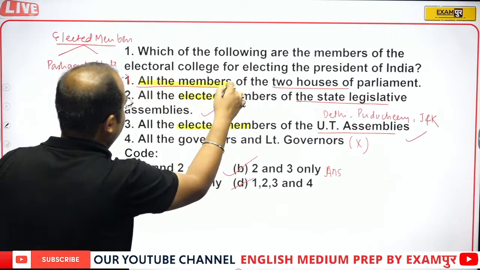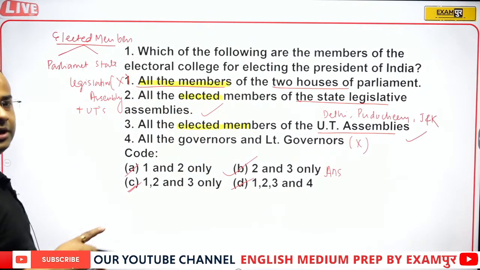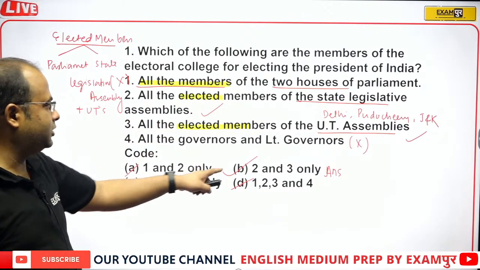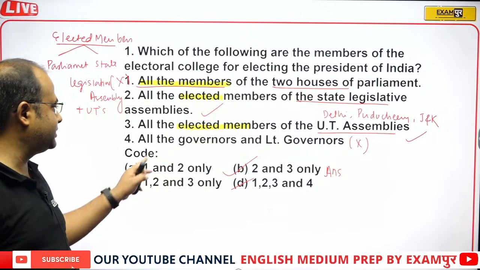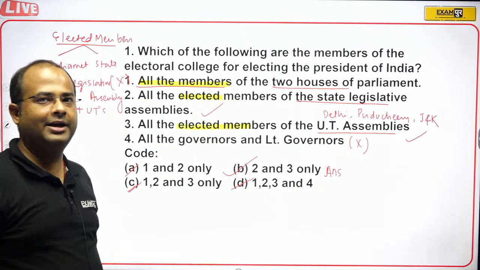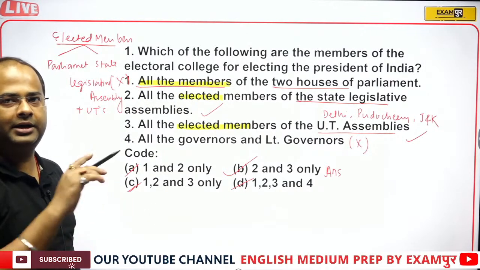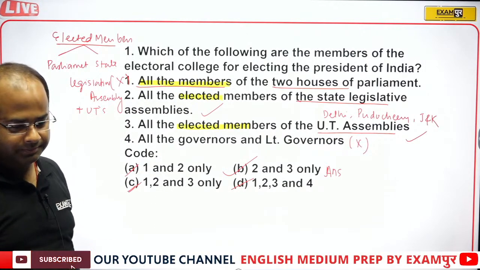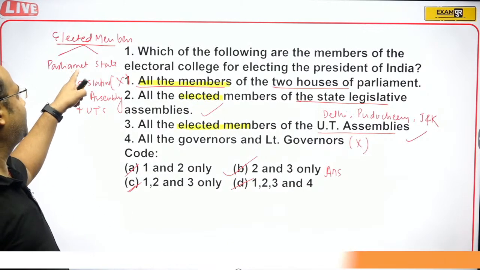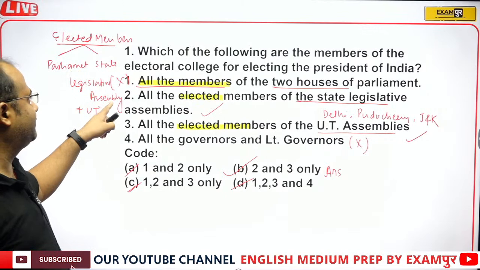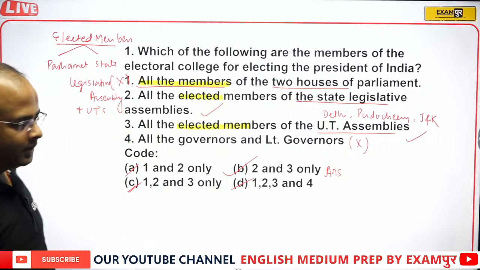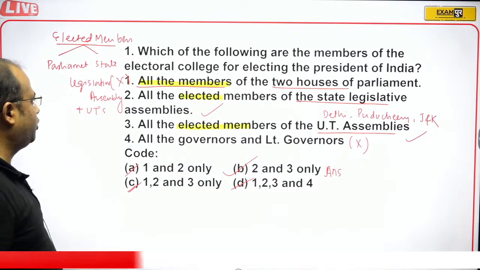Here it is written all the members, which includes the nominated as well. Therefore the correct answer will be 2 and 3, so only option B. The other three options are directly eliminated. Elected MPs also participate, so elected members of parliament and state legislative assembly plus union territory legislative assemblies. Therefore the correct answer will be option B.